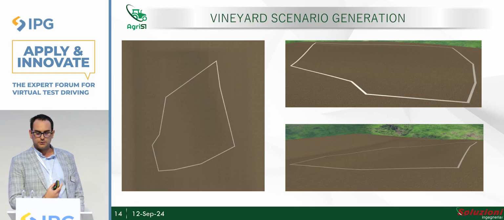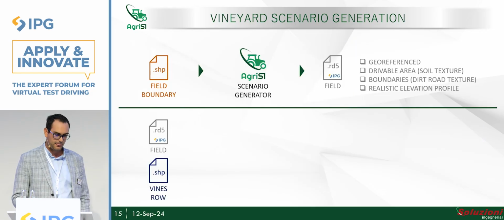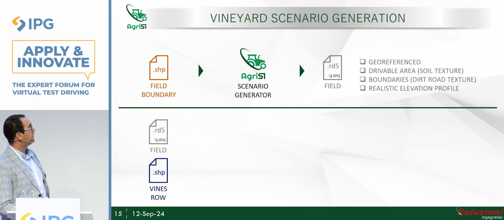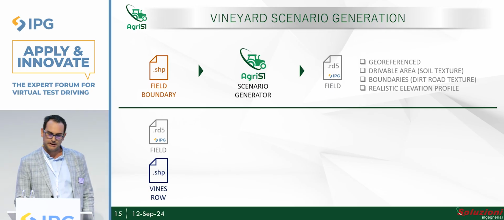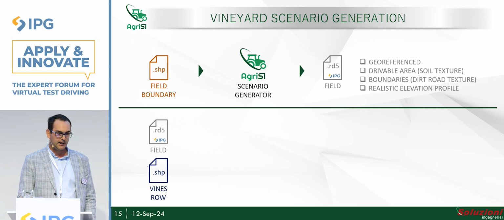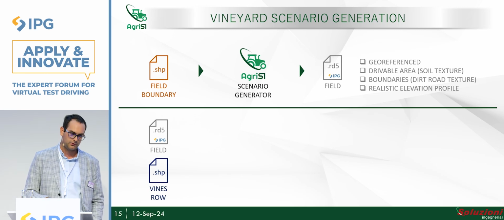But we don't want this. We want a vineyard, so we have to add something. Now we have the second phase of the procedure, which starts from the previously obtained RD5 file of the field and from the shapefile of the vine row that we obtained before from the GIS software.